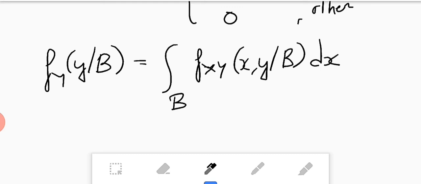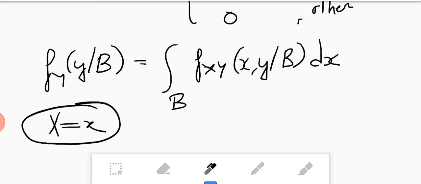Now, the next part is what will happen if you have a random variable x which takes a single point, small x. That is, what happens if your capital X is equal to small x. To come to this point, we will start by taking a little bit of area dx.